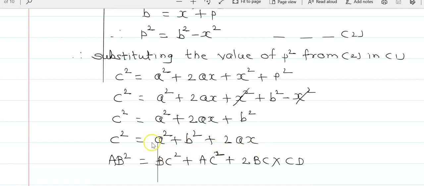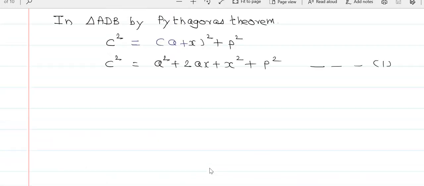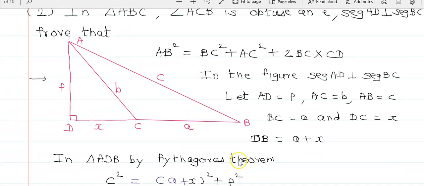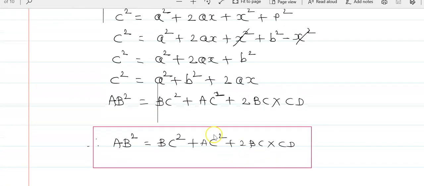Now c square means AB square, a square means BC square, and b square means AC square. Therefore, AB square is equal to BC square plus AC square plus 2 times BC into CD. Now we will prove the Apollonius theorem.